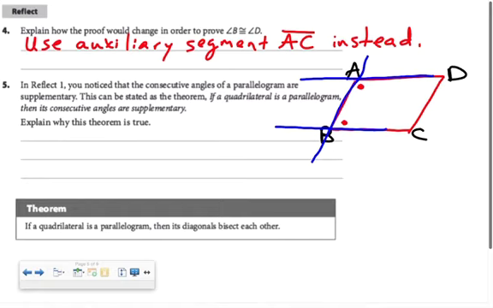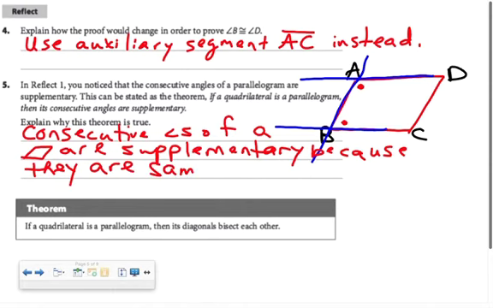They are inside the river, and that makes them same side interior angles. Consecutive angles of a parallelogram are supplementary because they are same side interior angles with respect to parallel lines.